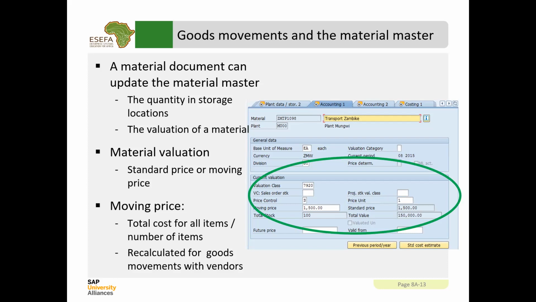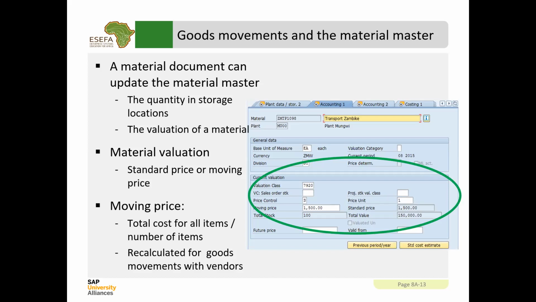So under the accounting, you see the material we're talking about, ZMTP1098, which plant? Mungwi. That's at the Mungwi plant. You see the basic unit of measure. You see the division where it is BI, which is bicycle. Then you see valuation class. You see the moving price. You see the standard price.